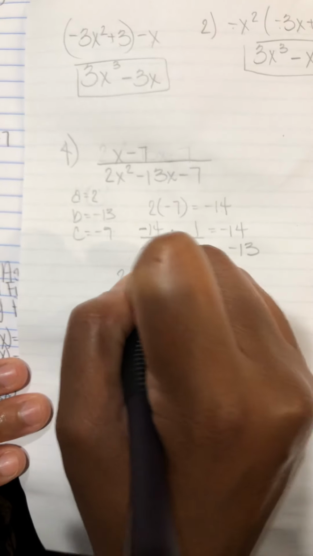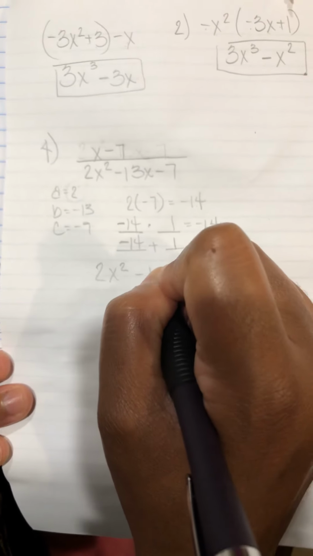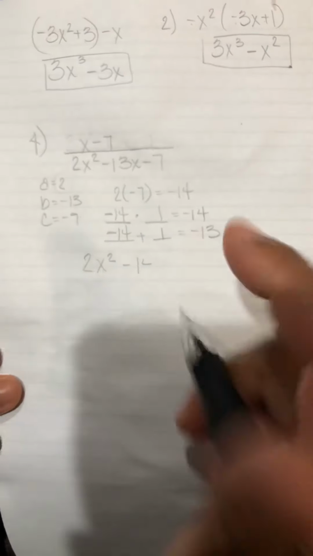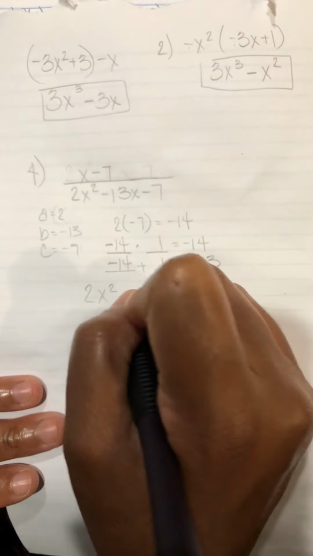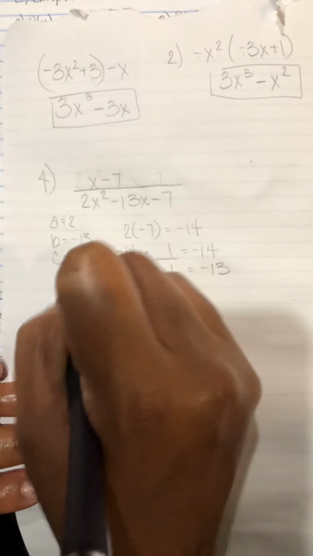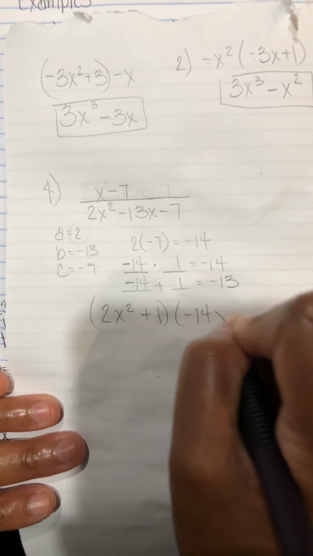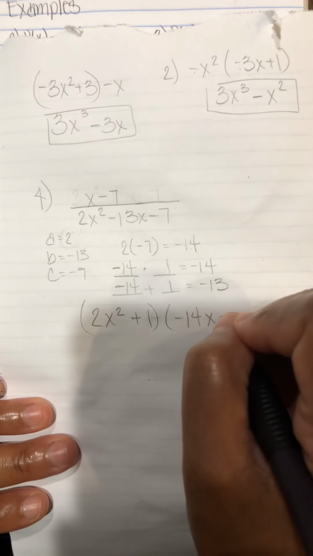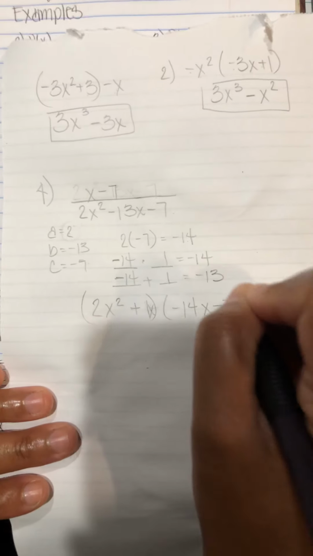I have 2x squared minus 14x. Oh, I'm going to switch them. I'm going to put the 1 here. Plus 1x, and then I have negative 14x minus 7.